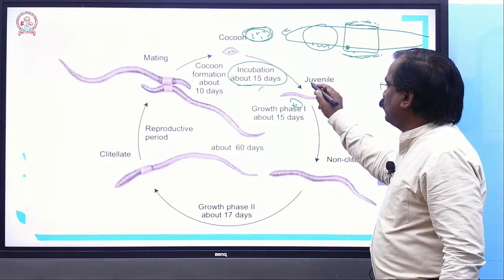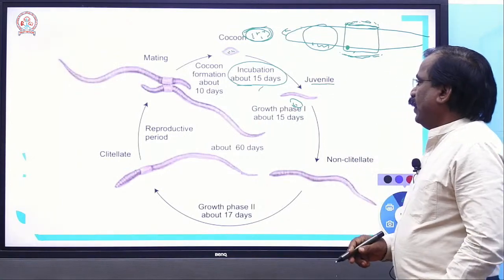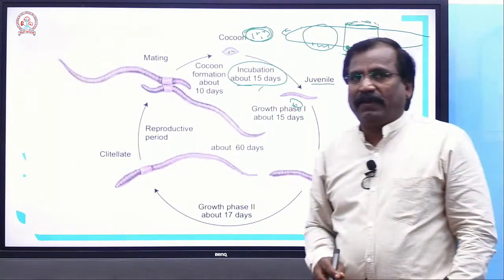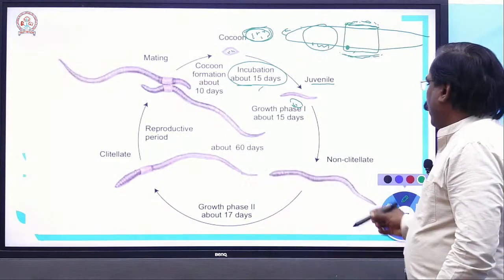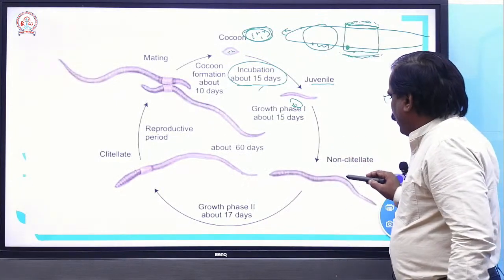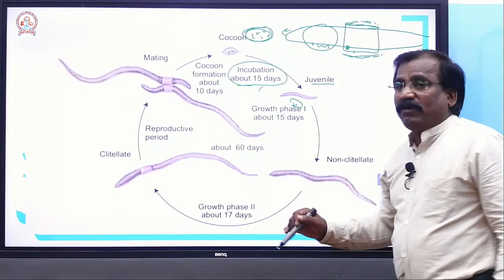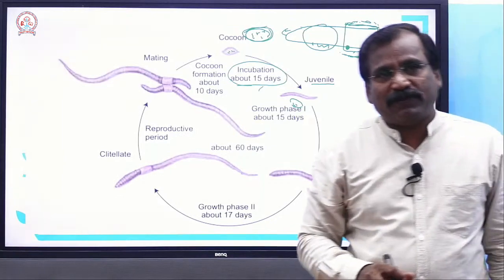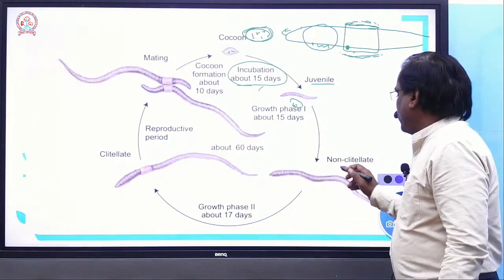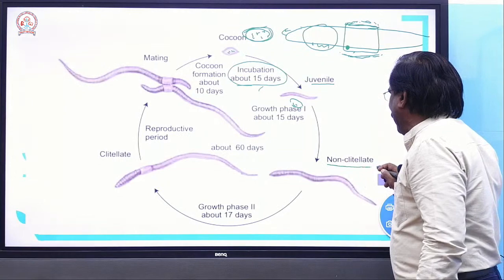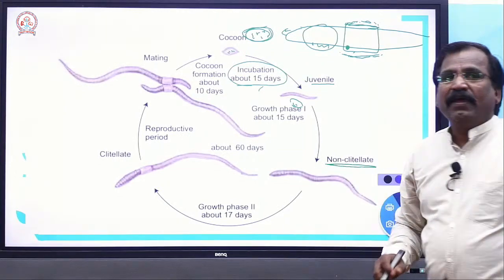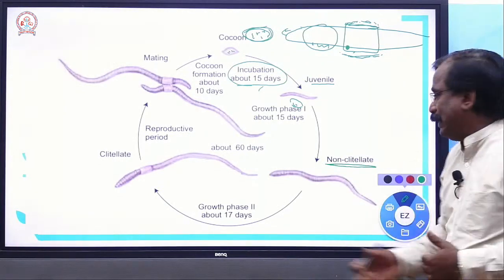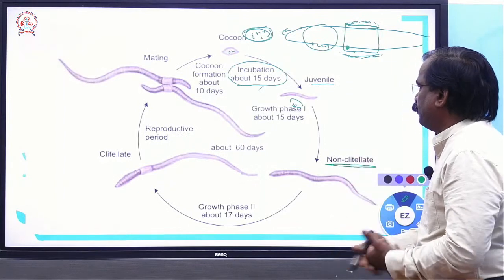Juveniles come out. This young one does not possess the clitellum, and that form is called non-clitellate, that is, no clitellum.